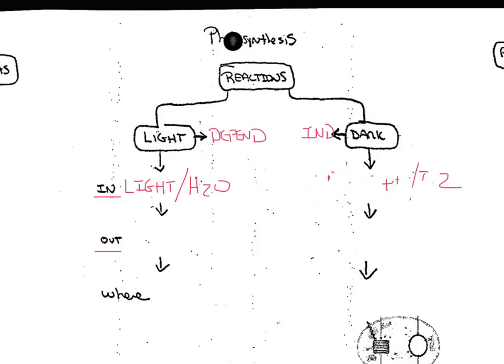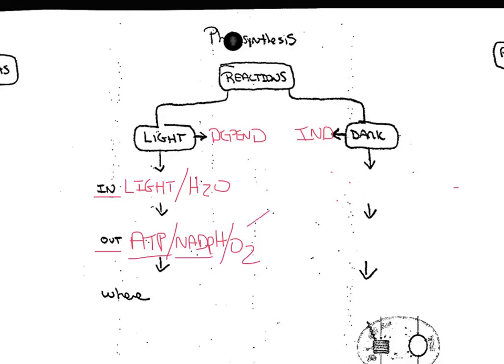Actually, I wrote that in the wrong order there, guys. I apologize. So we have this as independent. What comes out is going to be ATP, NADPH, all right, and then oxygen. These guys here are what will go to the dark reaction and be the reactants there.